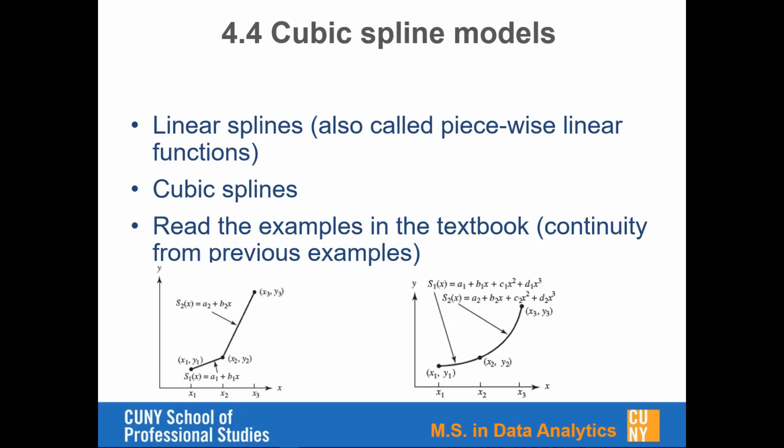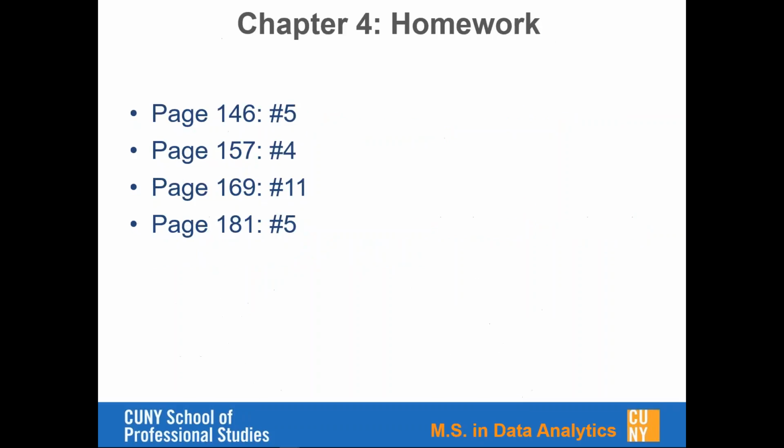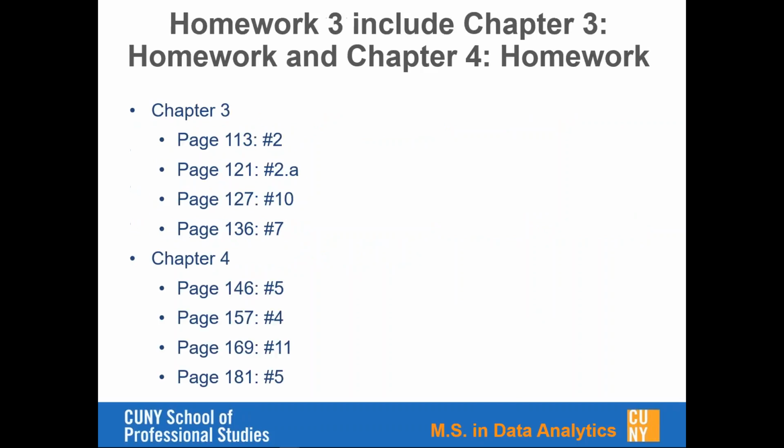And then you can also do cubic splines, which is the graph on the right-hand side, to fit the data. So you can say that for those 3 data points, you already have 2 ways to fit the data. And this is the homework for chapter 4, and you can pick 3 out of this.